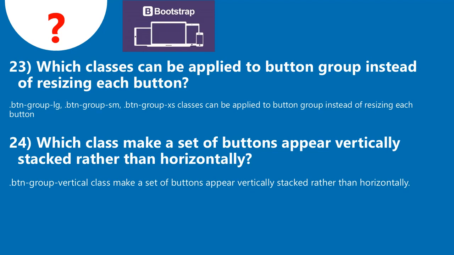Which classes can be applied to button group instead of resizing each button? .btn-group-lg, .btn-group-sm, .btn-group-xs classes can be applied to button group instead of resizing each button. 24. Which class makes a set of buttons appear vertically stacked rather than horizontally? .btn-group-vertical class makes a set of buttons appear vertically stacked rather than horizontally.